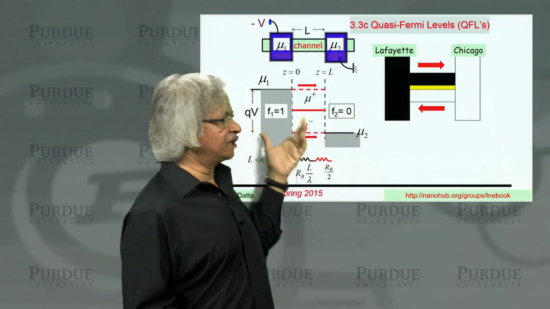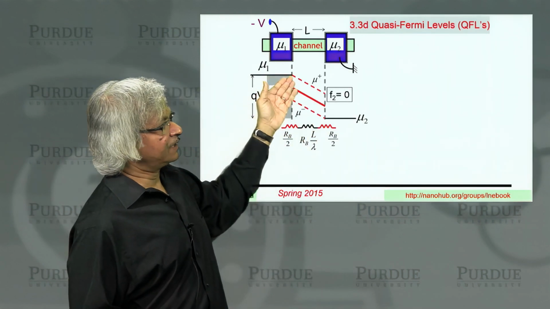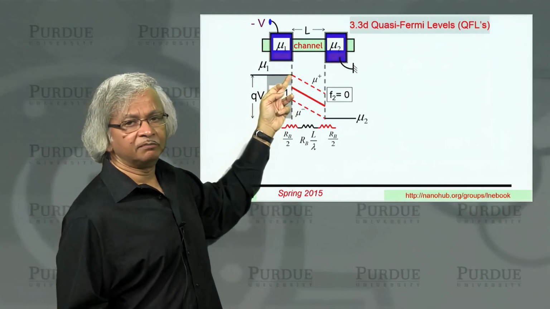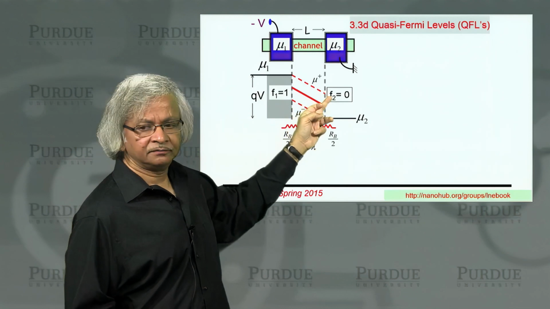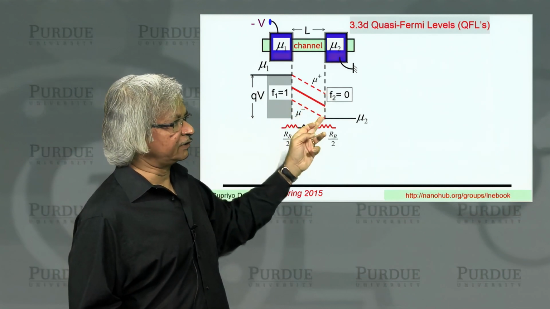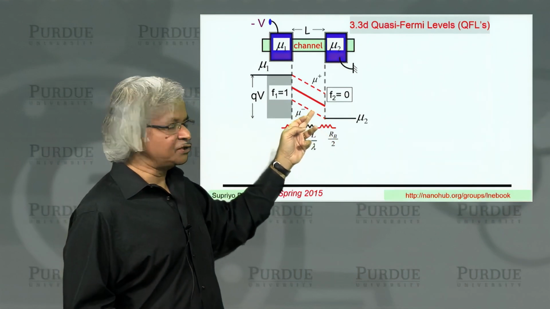So in terms of these quasi-Fermi levels, the quasi-Fermi level for right-moving electrons starts out at mu1, but as you go through the channel, it gradually goes down. And the quasi-Fermi level for left-moving electrons starts out down here, but then gradually builds up.